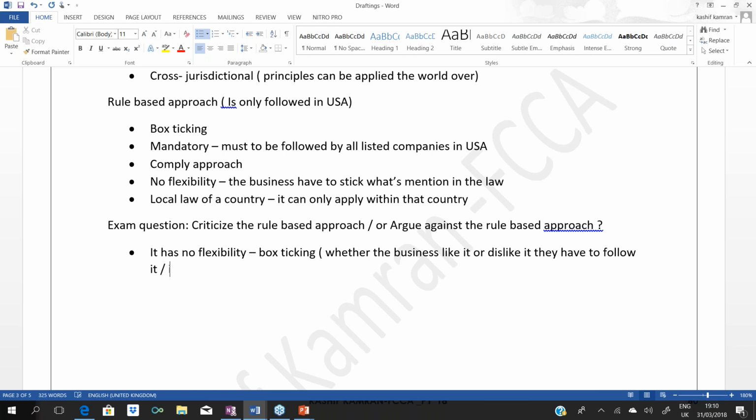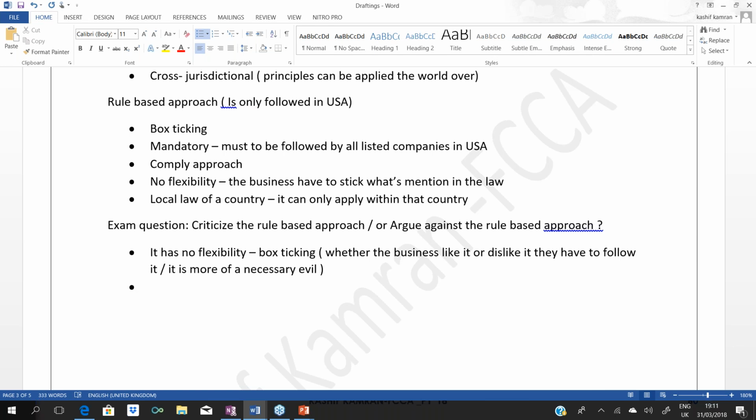So it is more of a necessary evil, which means it's more of a formality. You have to do it. Whether you like it or dislike it, you have to follow it. So it has no flexibility, right? It's the first argument against a rule-based approach.